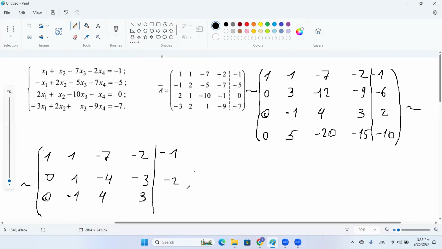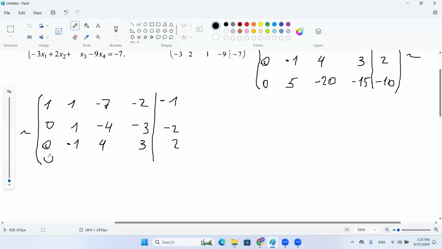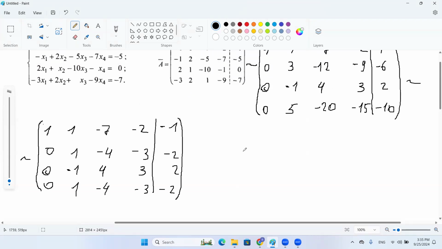For now, 2, and here 1, minus 4, minus 3, minus 2. Yeah, and now what can we do? The same. The same.